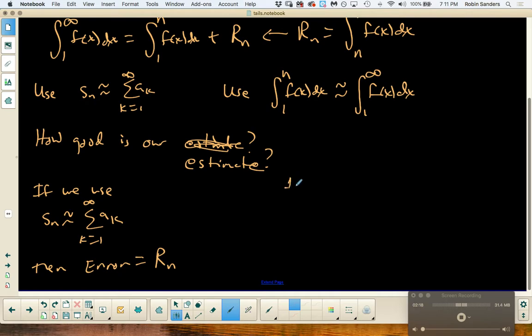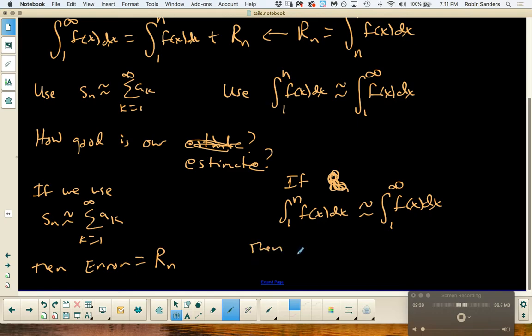And likewise, if we use the definite integral from 1 to n of f of x dx to approximate the improper integral, then the error, again, is just the tail.